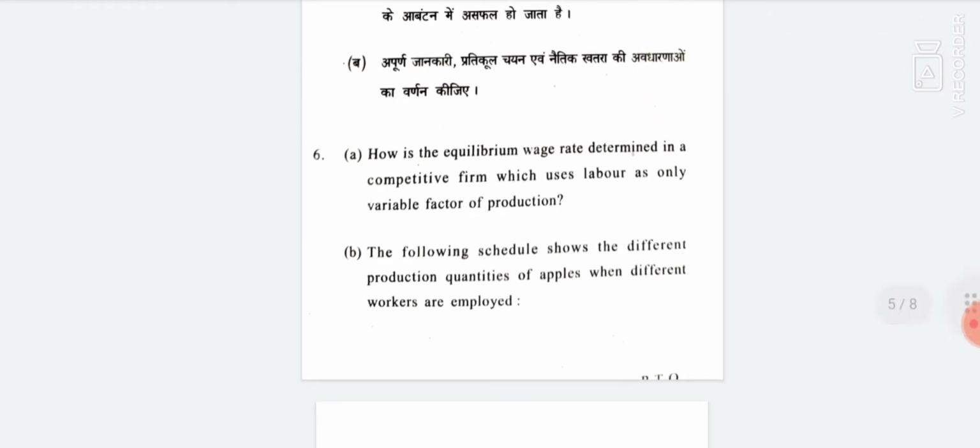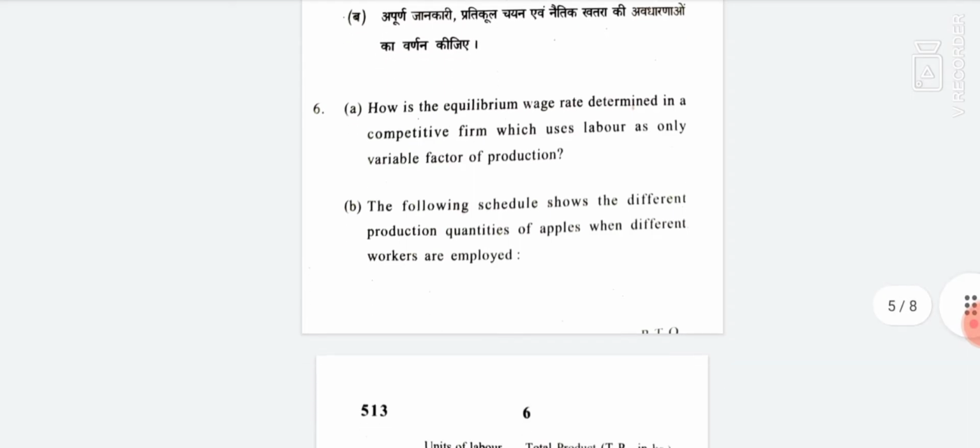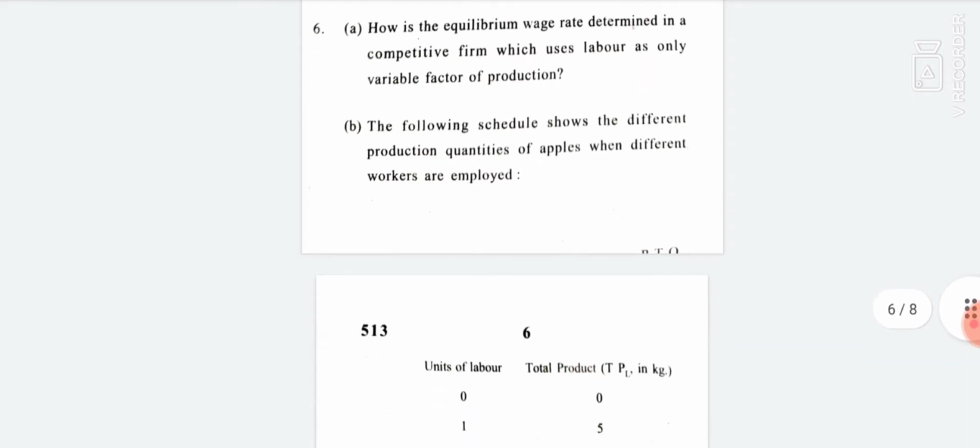Question number 6 is from the market for the factors of production. How is the equilibrium wage rate determined in a competitive firm which uses labor as the only variable factor of production? And the second part is a numerical again.